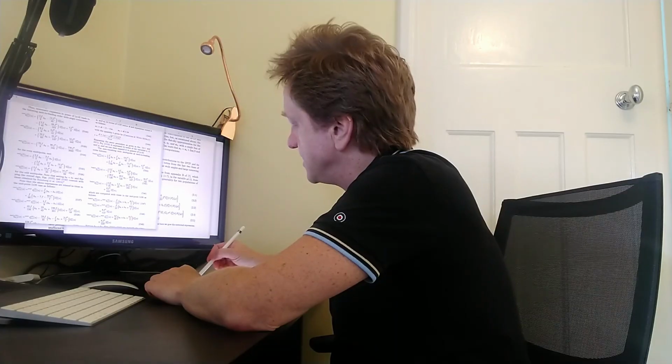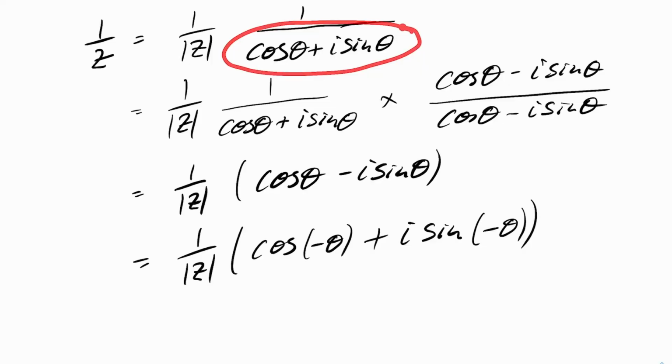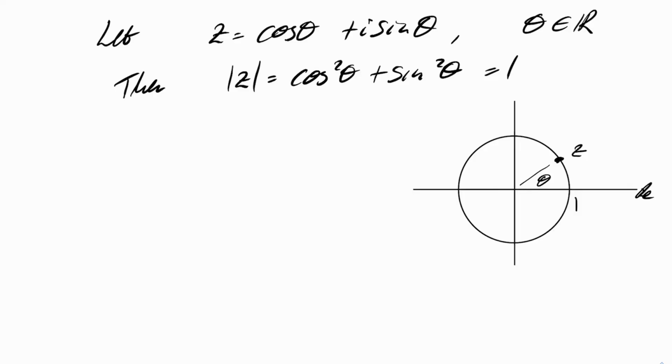And in fact, let's just come back to this number in general. This is a really important way to write down a certain class of numbers. Let's consider all complex numbers which can be written in the form cos theta plus i sin theta, where theta is a real number. In this case, the modulus of z is equal to 1. So all of these numbers lie on the unit circle. Now it turns out they have a very special property.